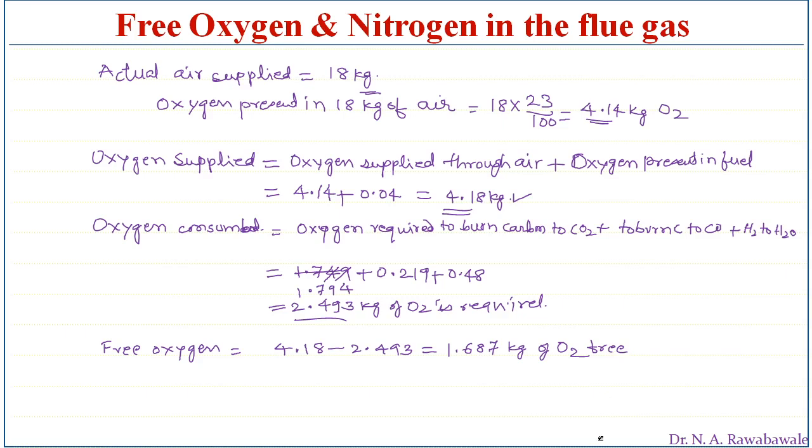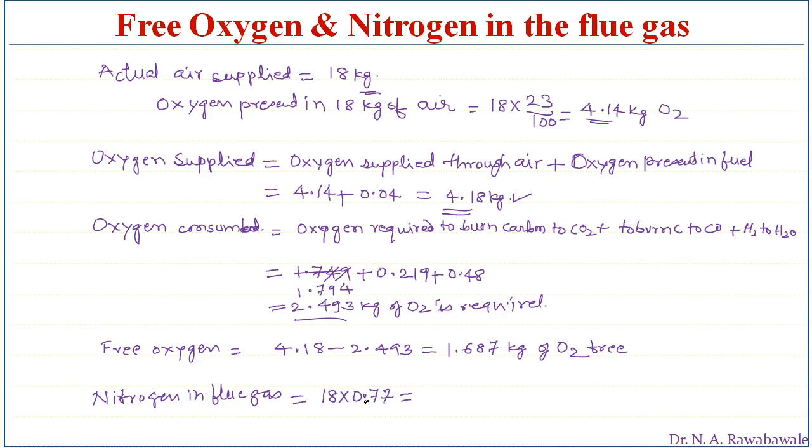Then the nitrogen in the flue gas can also be obtained. 18 kg of air is supplied, out of which 77% is nitrogen, because 23% is oxygen and the rest is nitrogen.